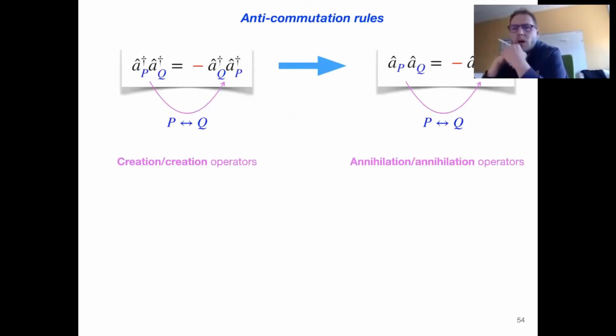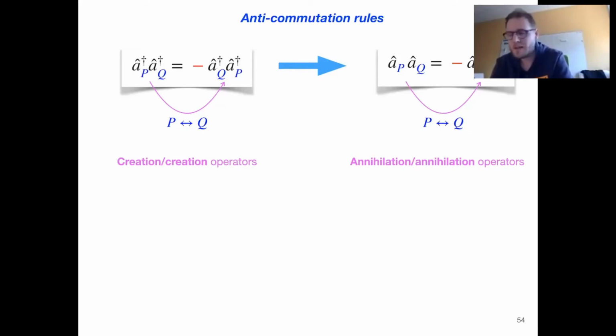Okay, so now that I have introduced the annihilation operators, you may wonder, is there any anti-commutation rule? Because I talked about that for the creation operators. I remind you, this was connected to the Pauli principle. But what about the annihilation operators now? Actually, this is also mathematical, something you can prove immediately.